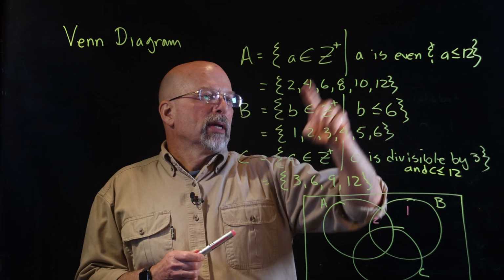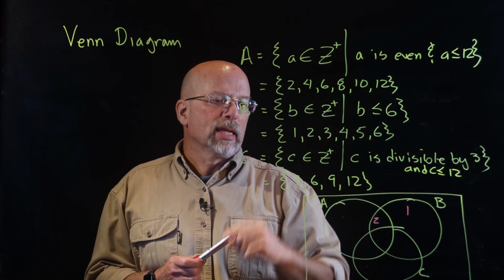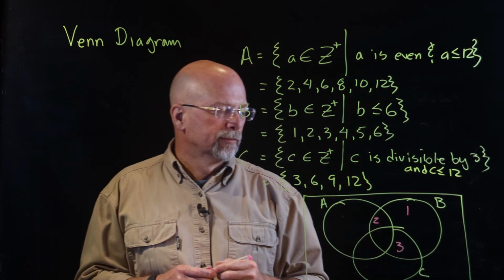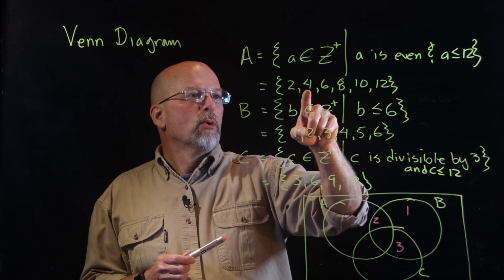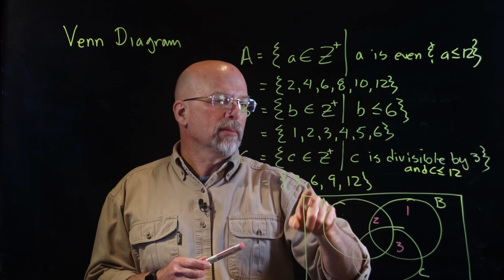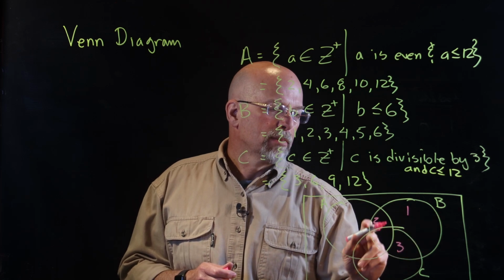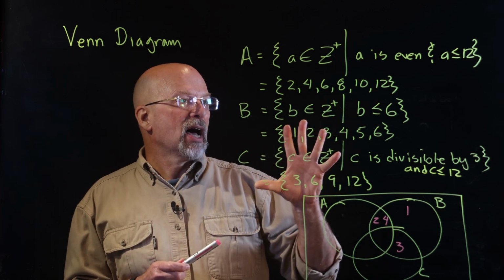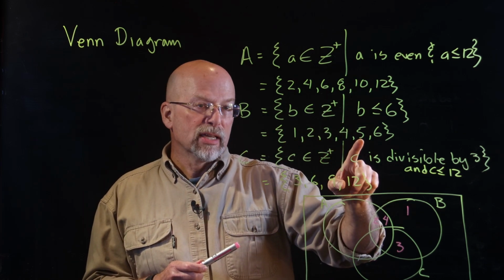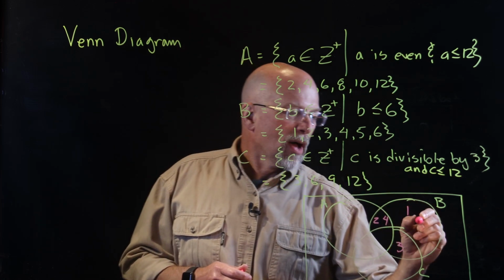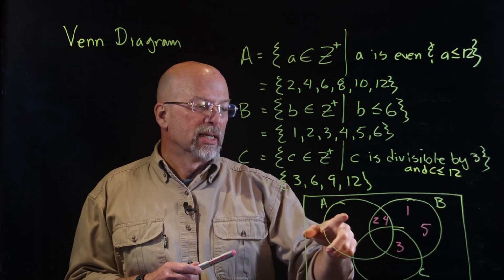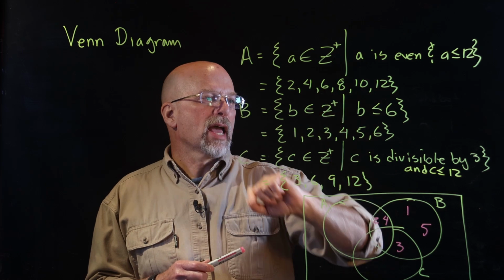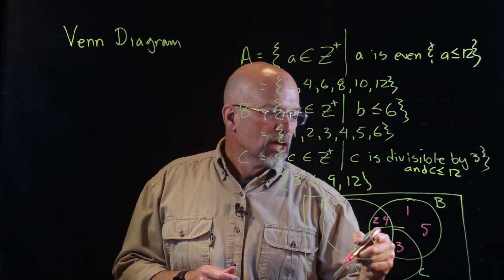What about 3? 3 is in B and 3 is in C, so it's in B and C, but not A. So 3 is over here. 4 is in A, 4 is in B, but it is not in C, so A and B, but not C. That's where it lives. 5 is not in A, 5 is in B, it is not in C, so 5 goes in B, but not A and C. That's that region right there. 6 is in A, 6 is in B, 6 is in C, so it's in all 3.